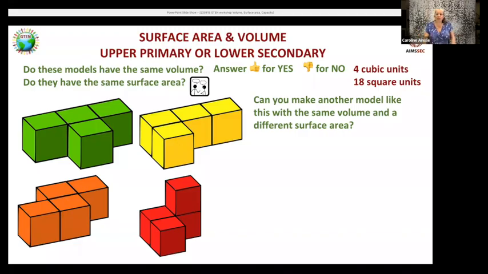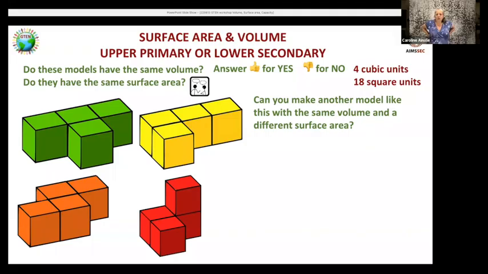So can you make another model like this with the same volume and a different surface area? It's a nice challenge. If you don't have a resource that is made of cubes, this is something you can make. I use dice personally. This is something for you to think about. You could put this in the chat because this isn't quite so obvious as the last few questions we've been asking.